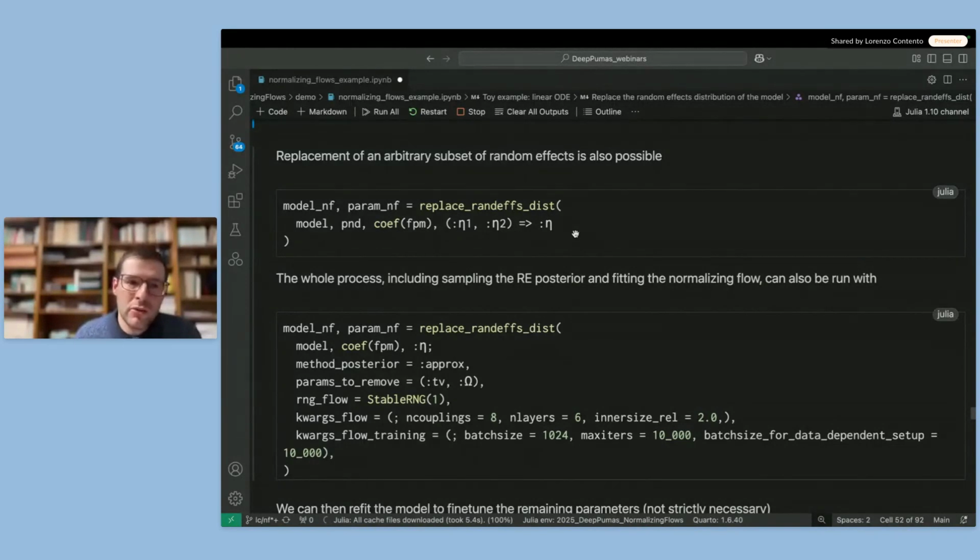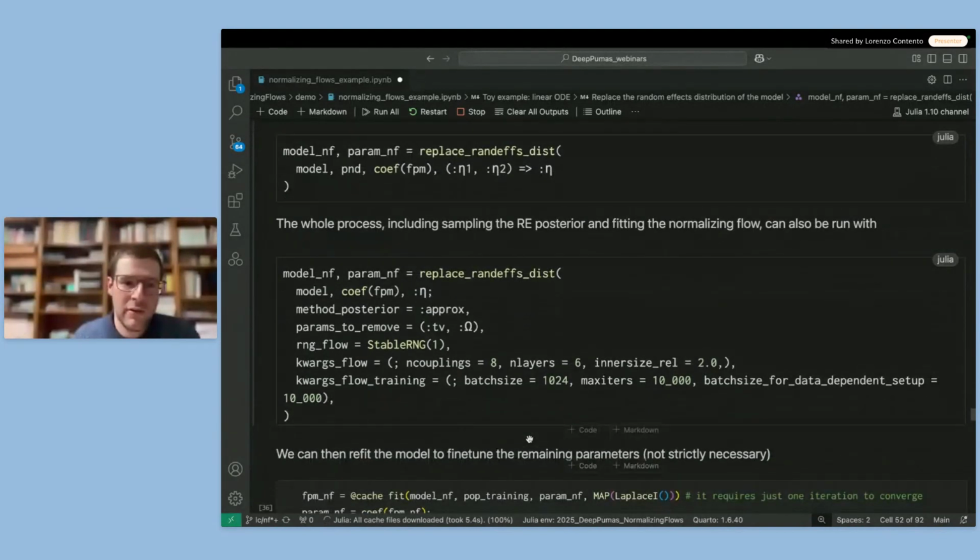And we can also do all the steps above, so computing the posterior, defining the normalizing flow family, and training the normalizing flow, with the same function. We just need to pass the keyword arguments that were used before, or just be happy with the defaults if you want, and then you can do all of the above with one line.